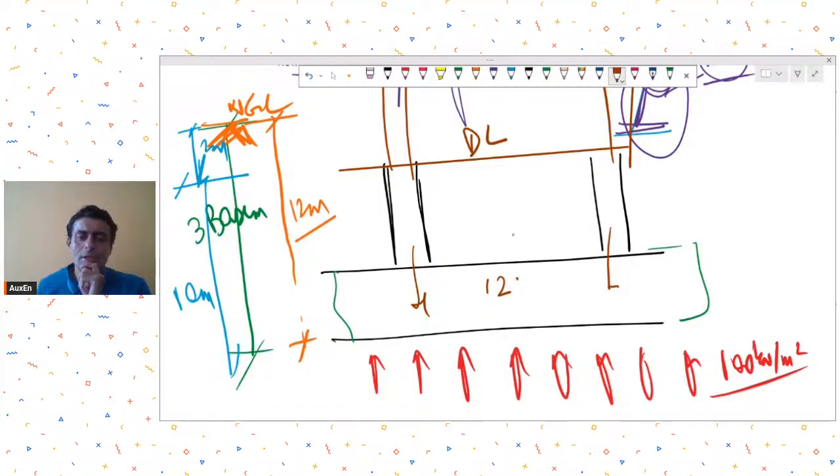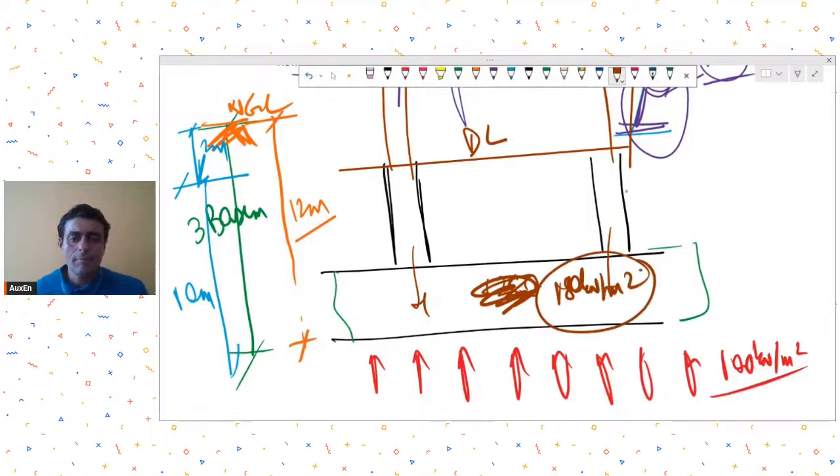Even if you were to check the bearing pressure below the raft, I'm just taking very rough examples, let's say it is reaching around 180 kilonewton per meter square pressure. This is the bearing pressure below the raft due to all the dead loads coming from the superstructure.